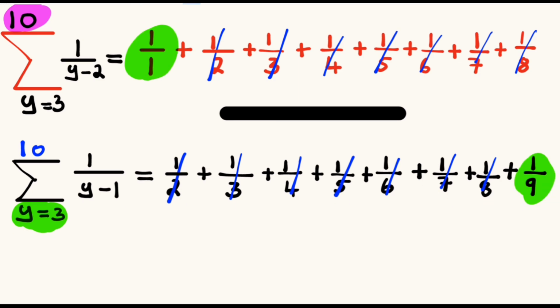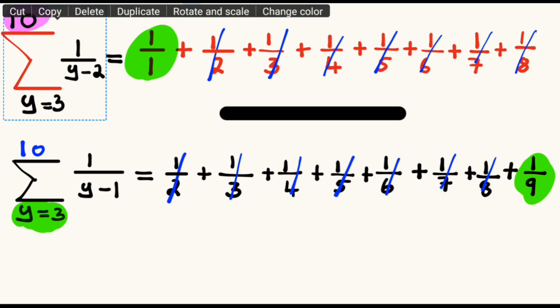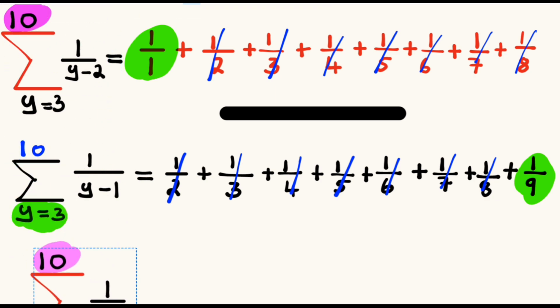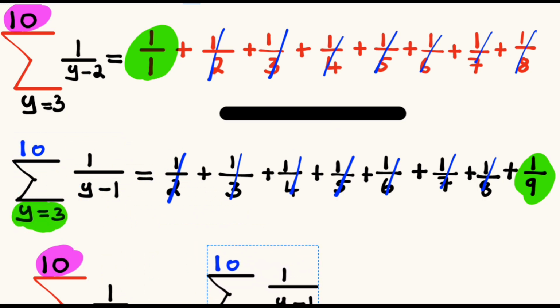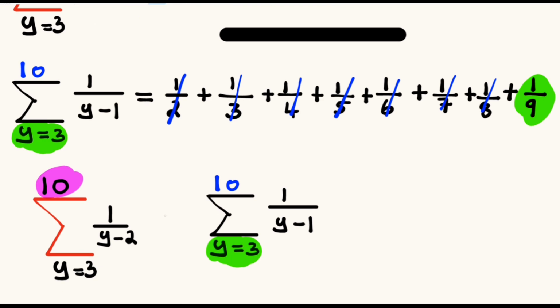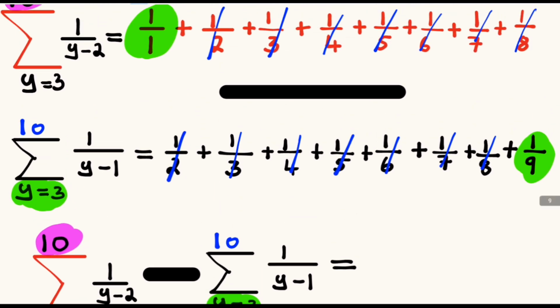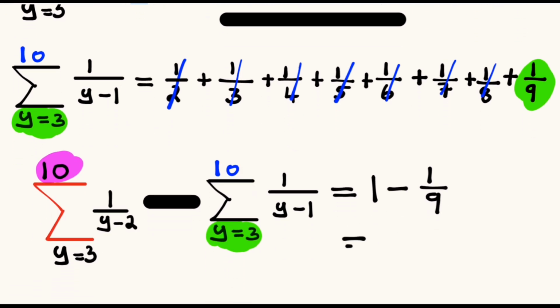So we subtract the following summations. We had this sum minus that sum. Remember, we had a negative in the middle originally, so that's why we subtracted, and we were left with 1 over 1, which is just 1, and the 1 over 9 will be affected by the negative, and 1 minus 1 over 9 is equal to 8 divided by 9.